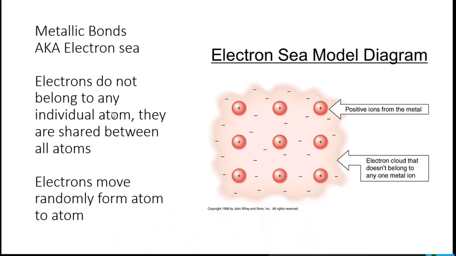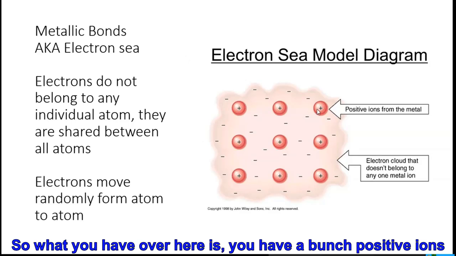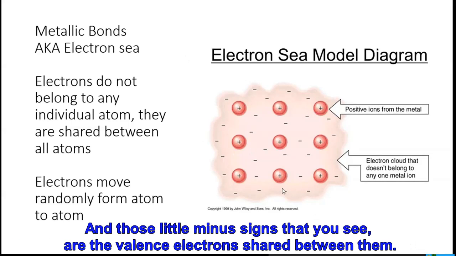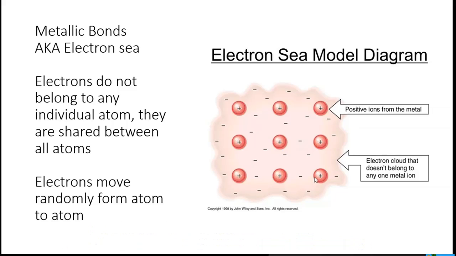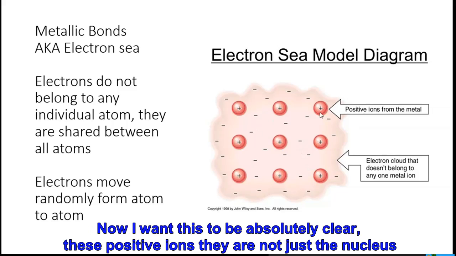So what you have over here is a bunch of positive ions, and those little minus signs that you see are the valence electrons shared between them. Now I want this to be absolutely clear. These positive ions, they are not just the nucleus.